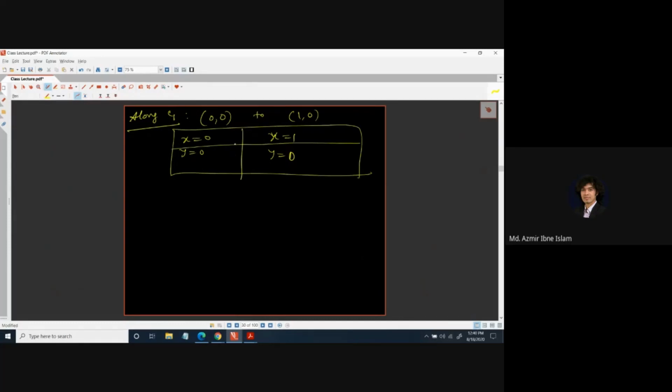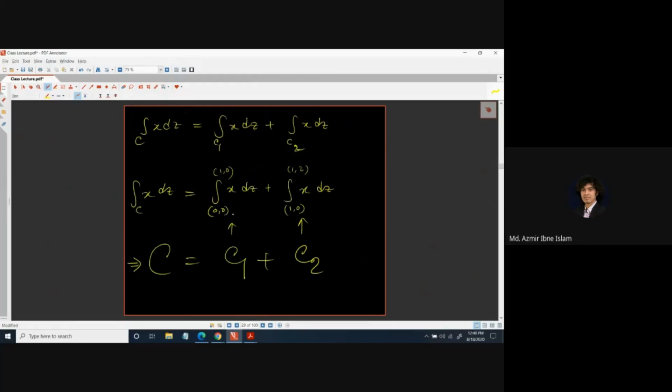So let's try to understand the change. x equal to 0, x equal to 1. So x is changing, right? y equal to 0, y equal to 0. y is fixed. That means y is constant. So what will be the limit, x or y? x. The limit will be x, and the limit will be 0 to 1.